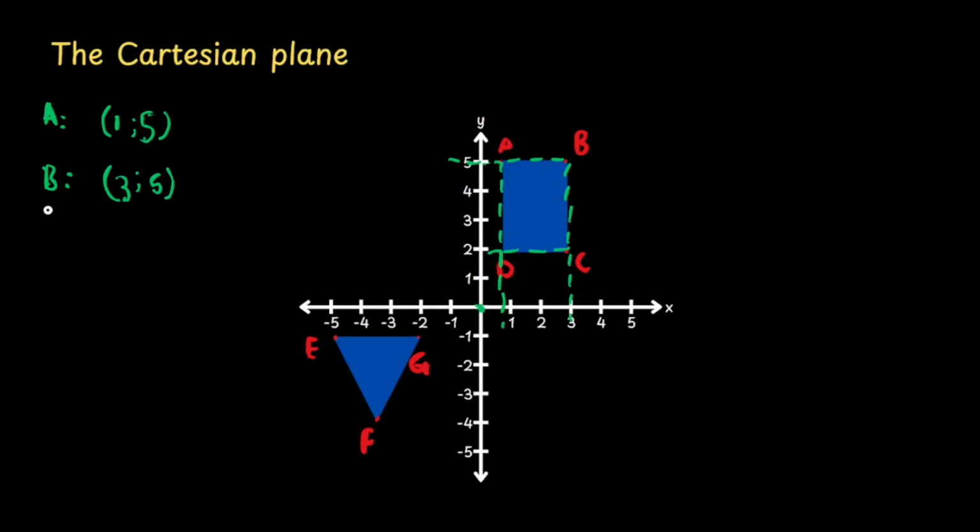If we're looking at point C, that is at an x value of 3 and a y value of 2. If we're looking for point D, that would be at x value 1 and a y value of 2.